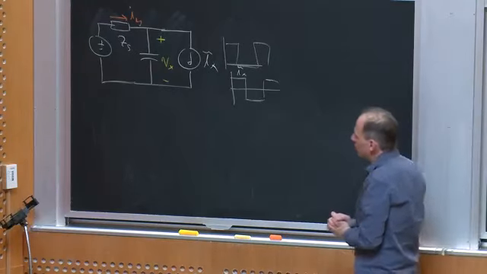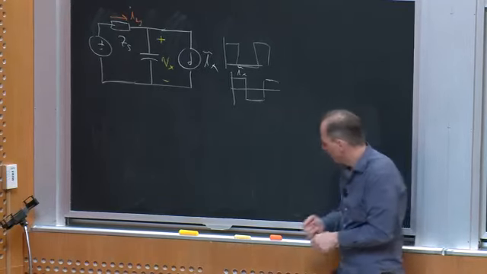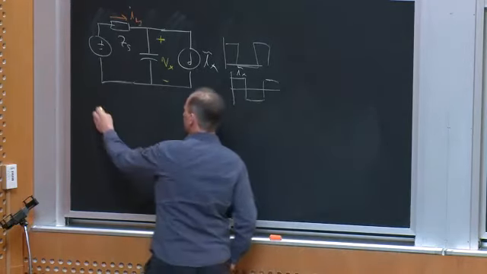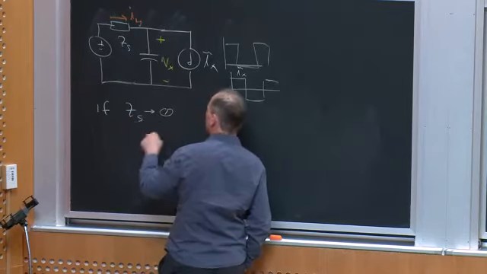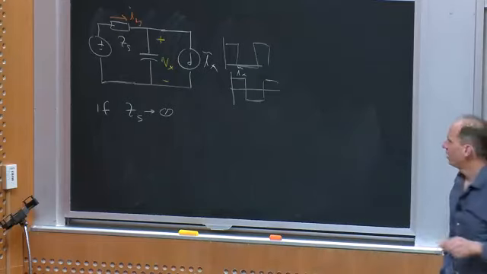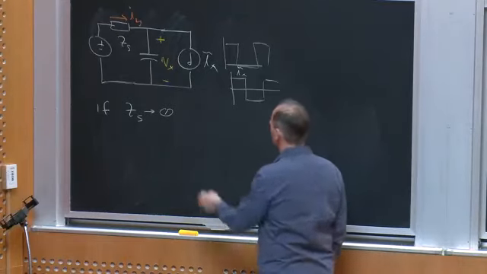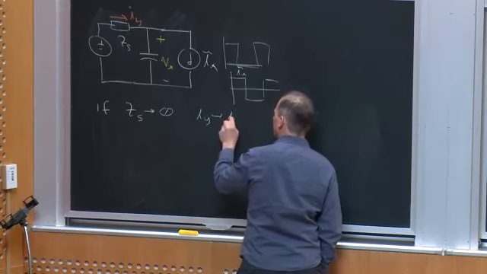Well, let's just think about the effect of the source impedance on my measurements, right? If Zs goes to 0, if I had a really good source, then what would happen? If Zs goes to 0, Iy goes to Ix, right?